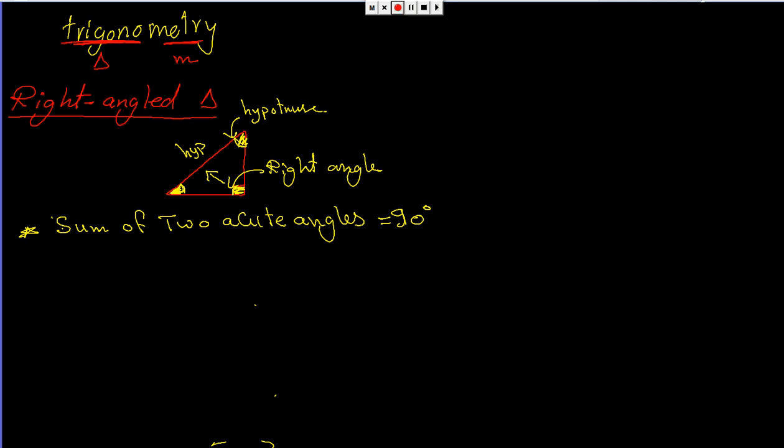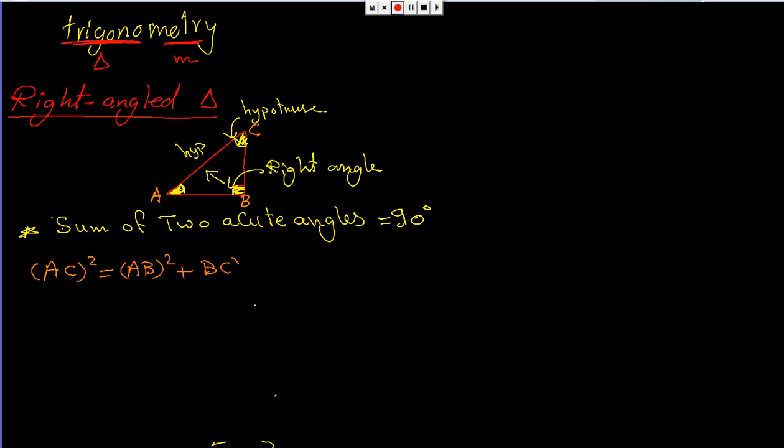Pythagoras theorem. If we have A, B and C, a right angle triangle at B, then we can say that the hypotenuse AC power 2 equals AB power 2 plus BC power 2.